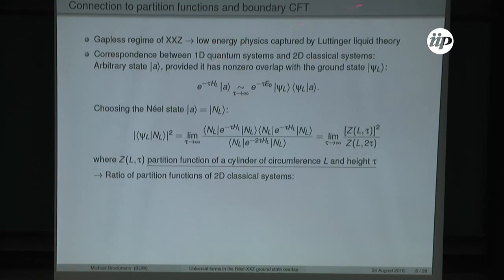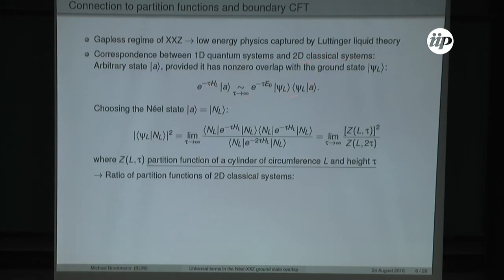partition functions and to boundary conformal field theory. The low energy physics is captured by Luttinger liquid theory for the XXZ model. Now I would like to emphasize that there's this correspondence between 1D quantum systems and 2D classical systems.